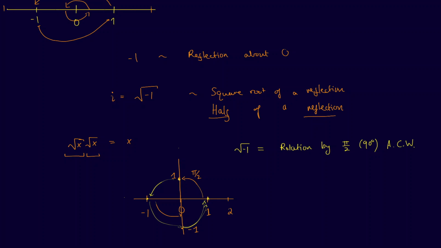Of course, I could have said equivalently clockwise. Doesn't matter. This choice is either i or -i, right? The square root of -1 is either i or -i. So once you fix that choice, then you've defined exactly what the square root of -1 is. It's a rotation by 90 degrees.